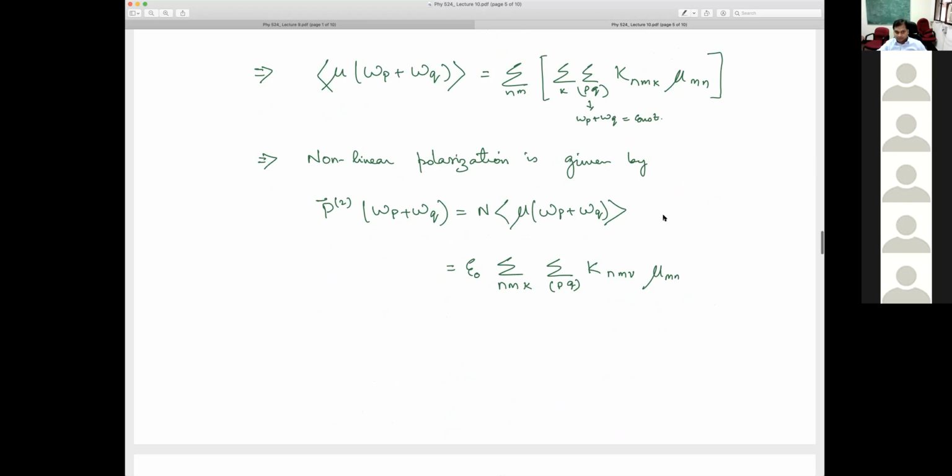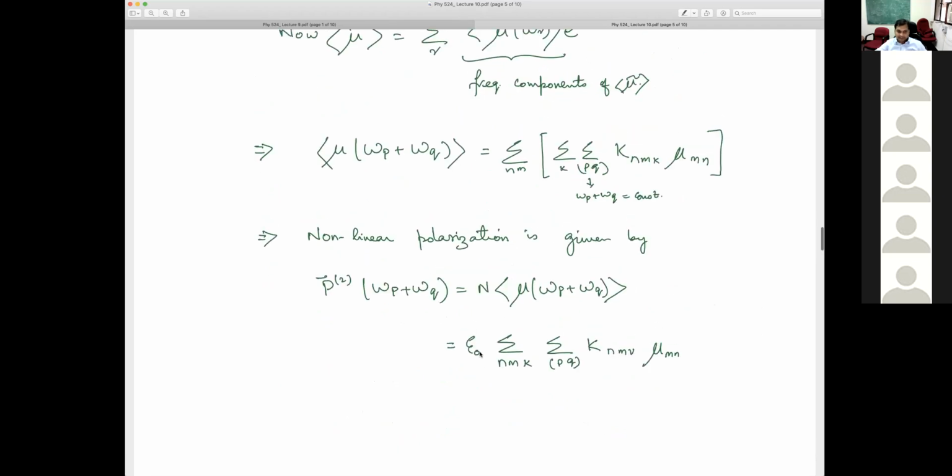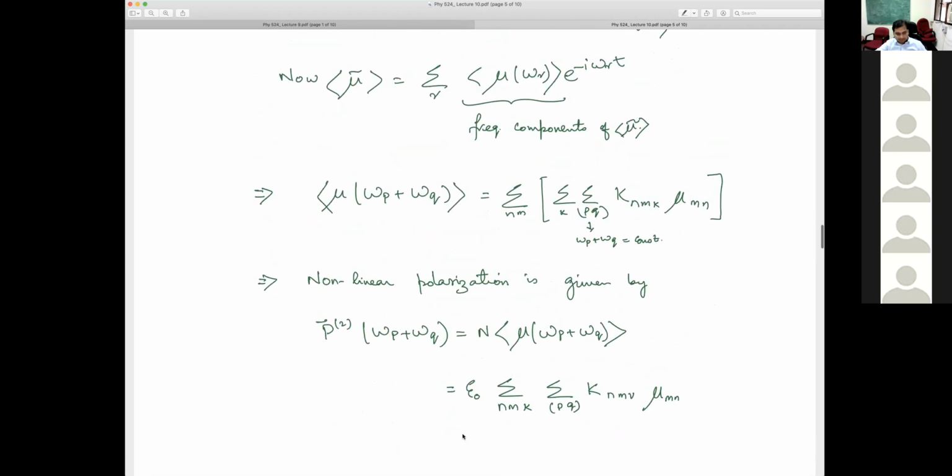So N times this mu quantity, and I just multiply this whole thing by epsilon 0 N. N is missing here. Okay, so N I have to write, and then there's just this term basically, nothing else. So nmk I have brought together because they are all sums over the orbitals. pq is a sum over frequency, so I wrote it separately, and pq has a constraint that I am looking at the p plus q combination.